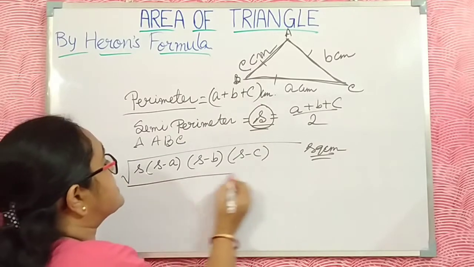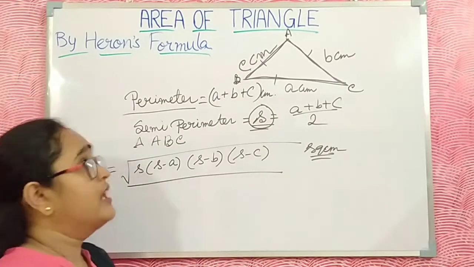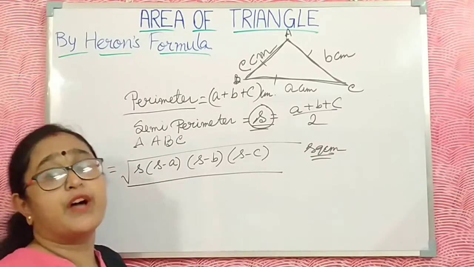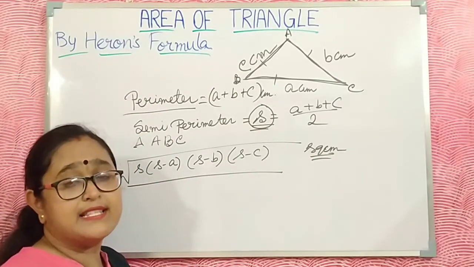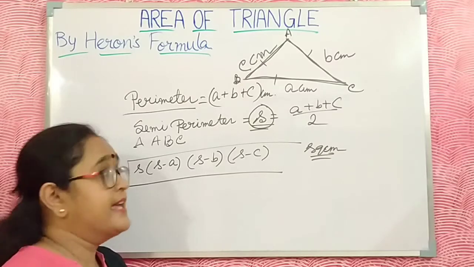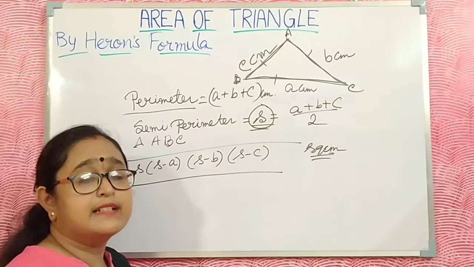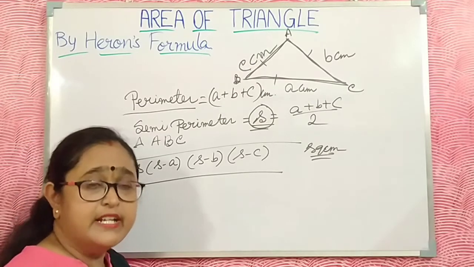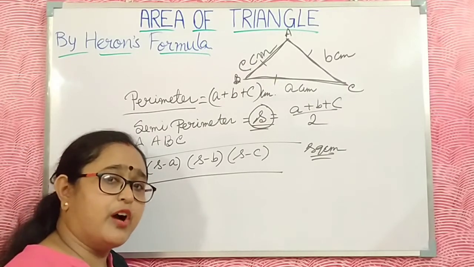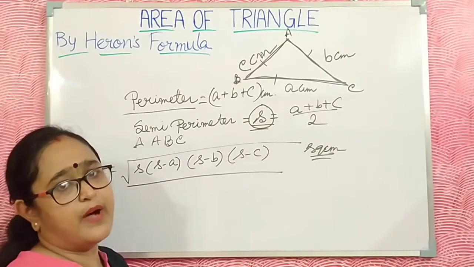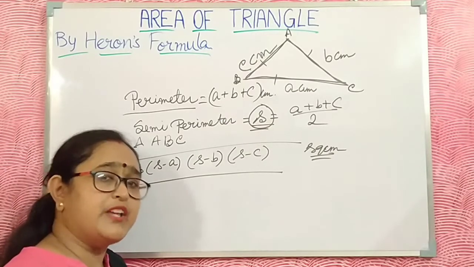This is Heron's formula, the area of the triangle, where s is the semi-perimeter. The perimeter is the addition of the three sides of the triangle, and the semi-perimeter is a plus b plus c by 2.